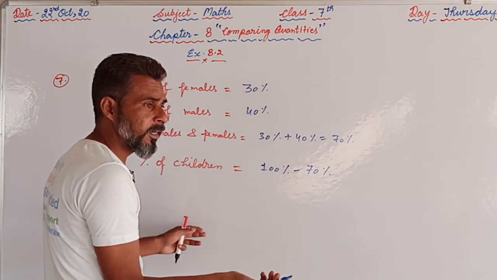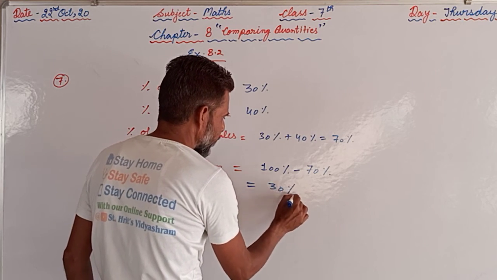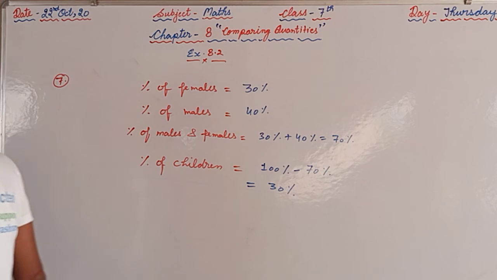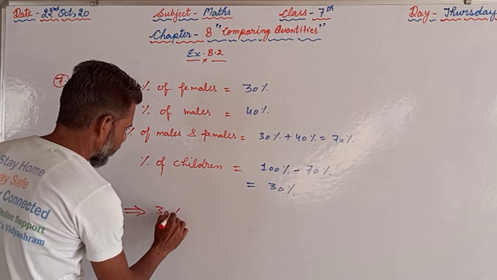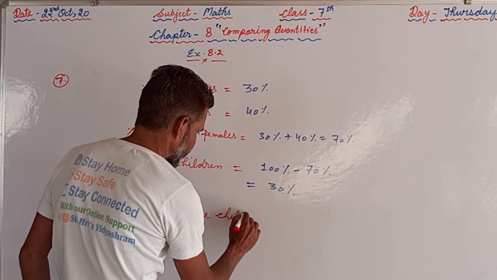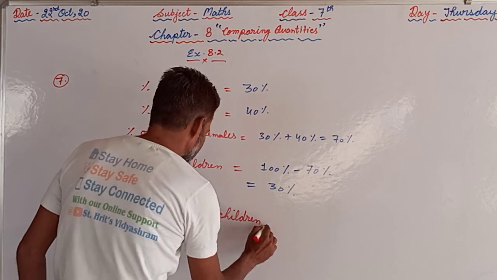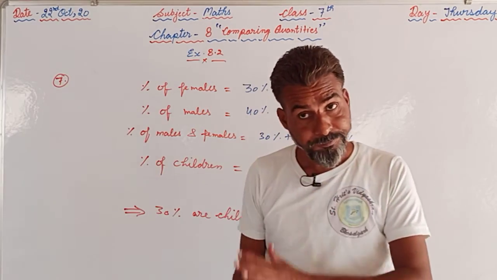So that will be the remaining, and the remaining are children, that will be 30%. At last we are supposed to give the answer in the form of language, as the question is a word problem. What percent are children? So we can say 30% are children. So like this we can proceed the questions.